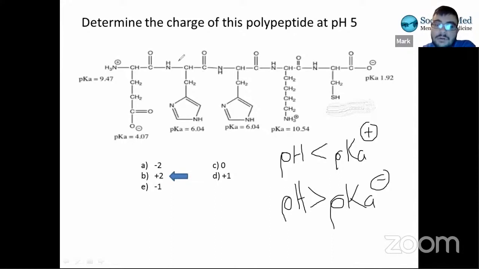Okay. So let's look at each one individually because I gave you the pKas of all of them. Over here, I told you that the pH is 5, so pKa is 9.47. Well, pKa is greater than pH, therefore it stays exactly the way it is here with a positive charge because it stays protonated. 4.07, well, pKa is less than pH, less than 5, so deprotonated.